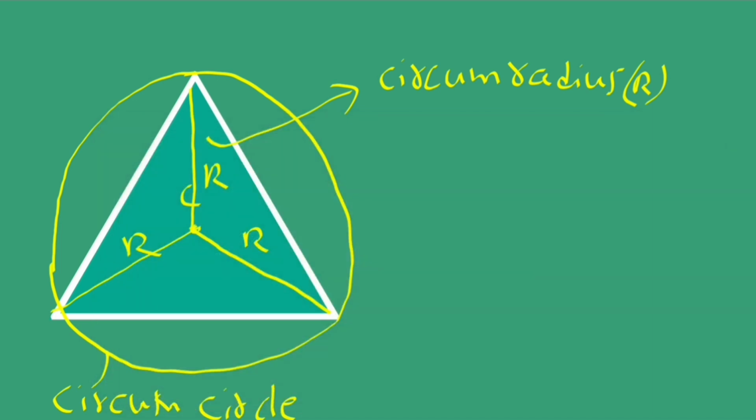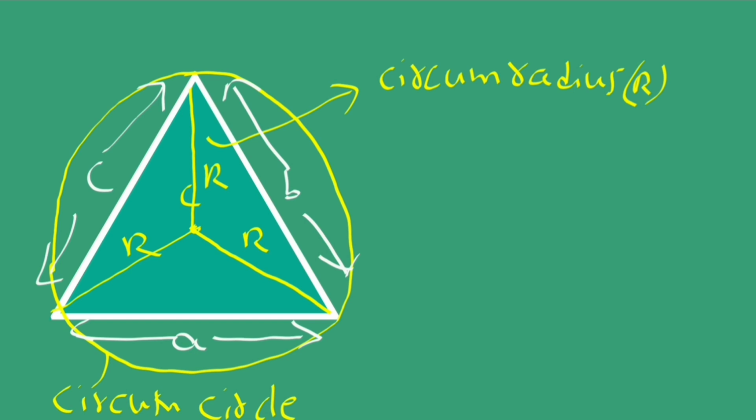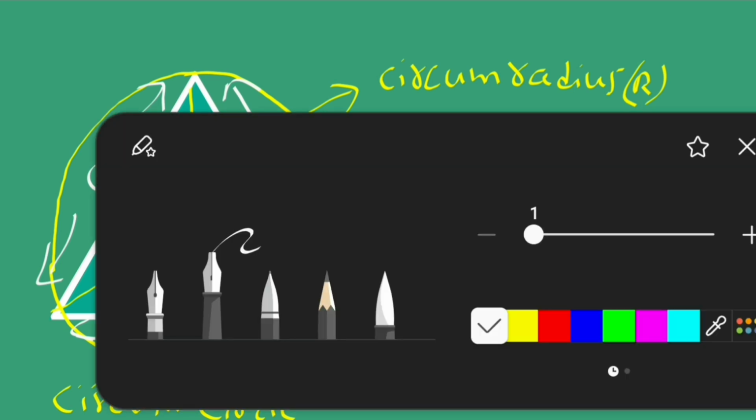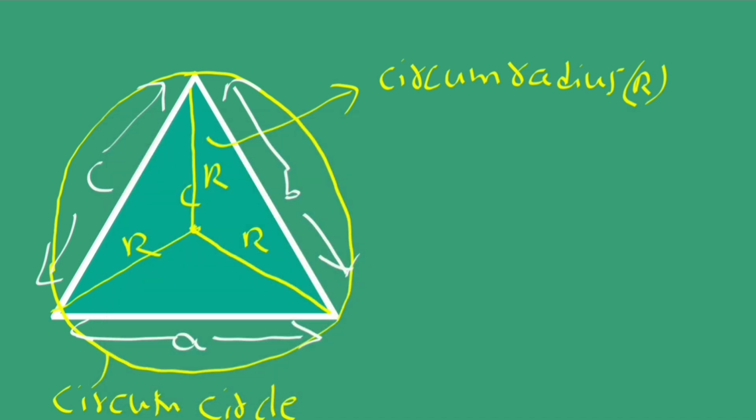Suppose this side length of this triangle is small a, and the length of this side is small b, and the length of this side is small c, then the circumradius R is equal to abc by 4 delta.